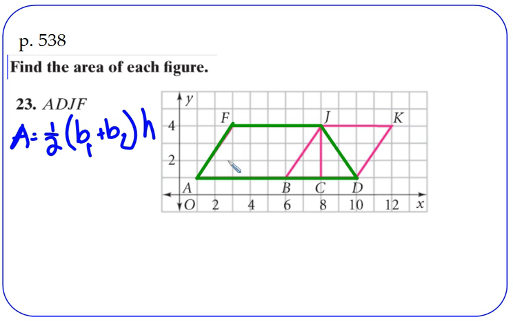Okay, to find the bases, we're going to write down the coordinate pairs here, the ordered pairs. F is at 2, 3. J is at 8, 3, and over the same distance as this one, so that would be 4. A is at 1, 1.